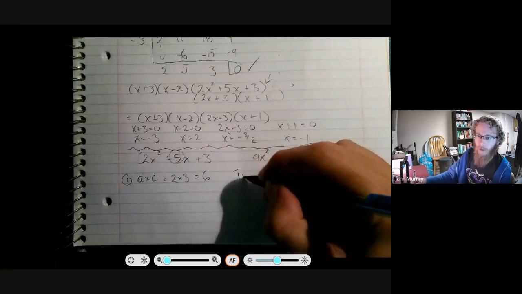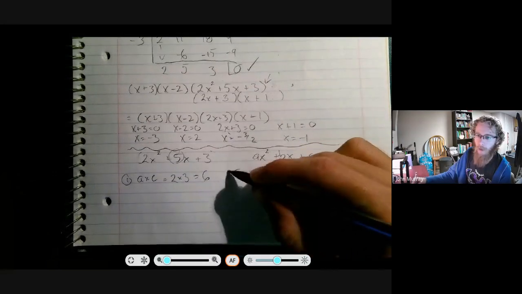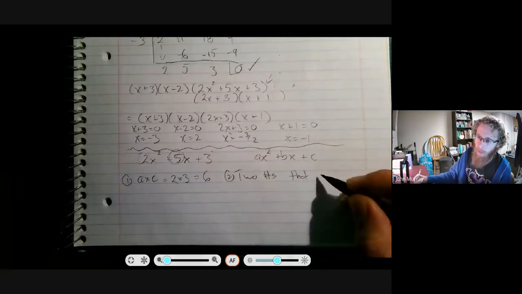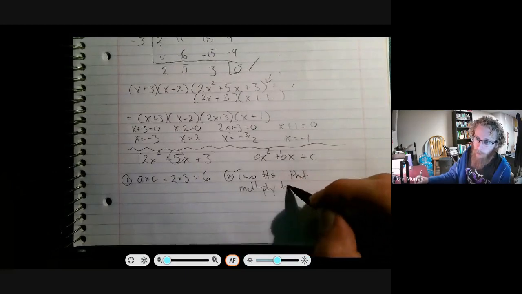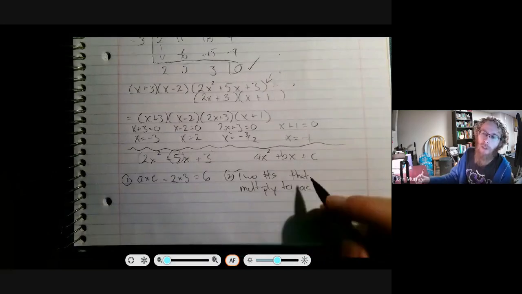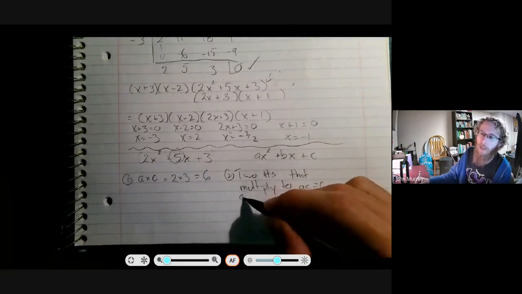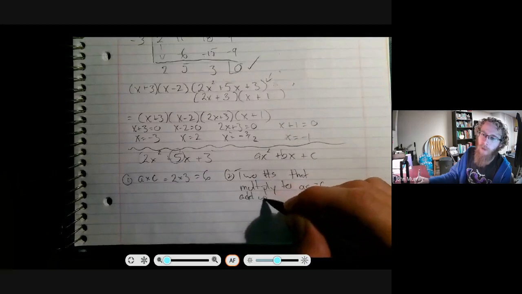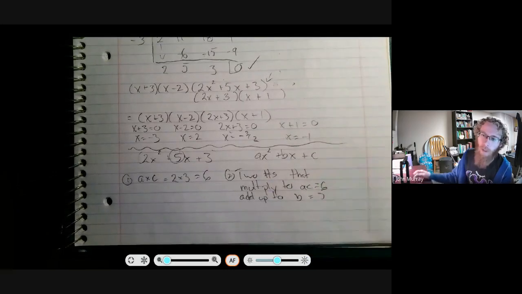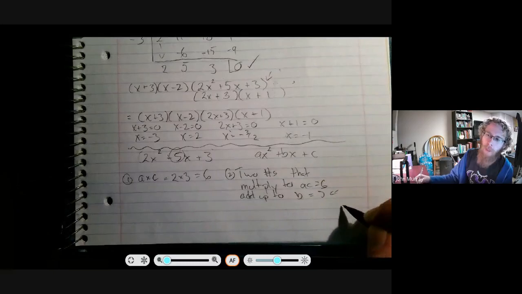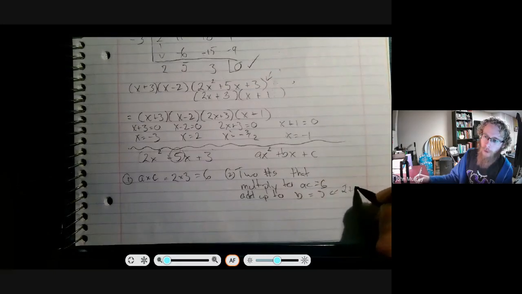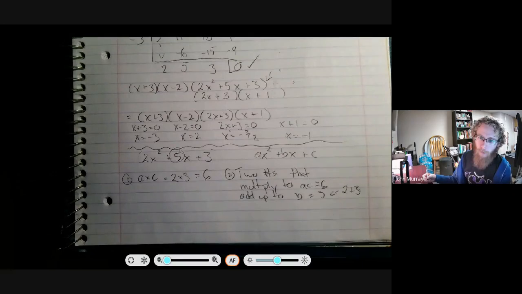So I'm looking for two numbers that the first condition is they multiply to our AC, which is 6, and add up to our B term, which in this case is 5. Well, I mean, you kind of have it right here, right? So you have 2 times 3. So what we do is we break up the B term to 2 plus 3.